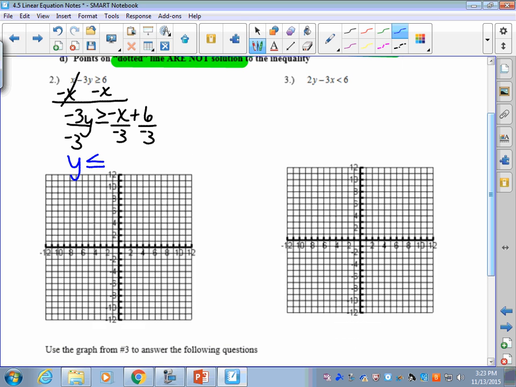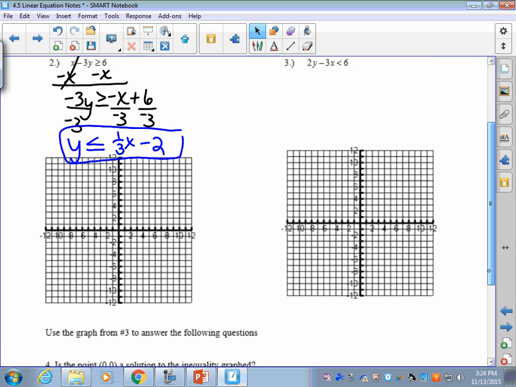Y is less than or equal to, got to flip the sign because we divide by negative, 1/3 x minus 2. So now we have our equation in slope-intercept form. That's the first step. So now we have to graph it.